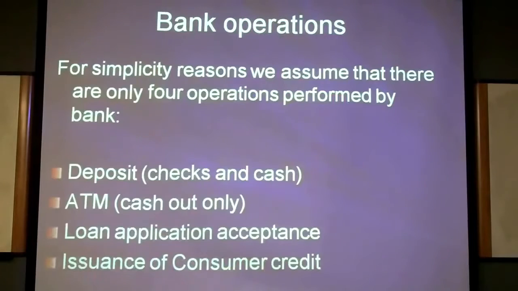We should focus only on these 4 operations in the bank. A bank branch can deposit money, so it can accept cash and checks, do ATM functions and cash out, accept loan applications from the customers, and definitely issue consumer loans. Well, limited to these 4 operations, but you should realize that in reality we may have more operations like these 4.